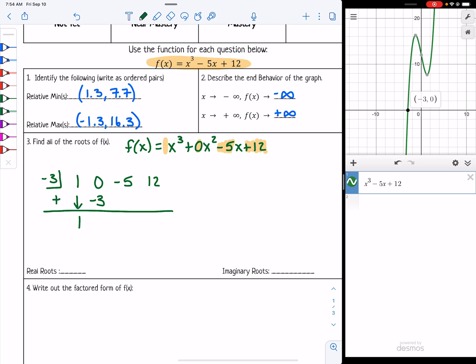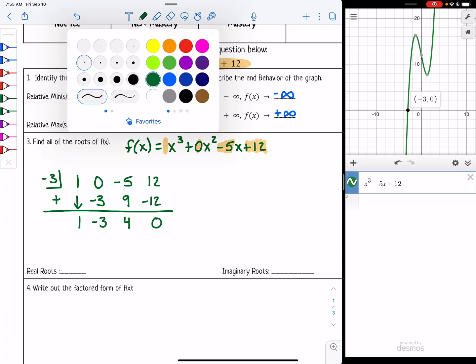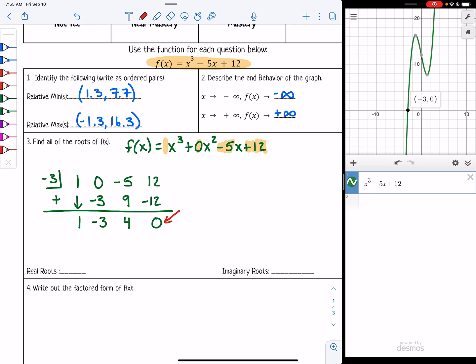Add those together: 0 plus negative 3 is negative 3. Multiply negative 3 by negative 3, we get 9. Then add negative 5 plus 9, and we get 4. And 4 times negative 3 is negative 12. We add those together, and we get 0. We should get 0 because we know that x plus 3 is a factor and that this is a root of our polynomial. So that's a checkpoint for your problem: you should have no remainder.